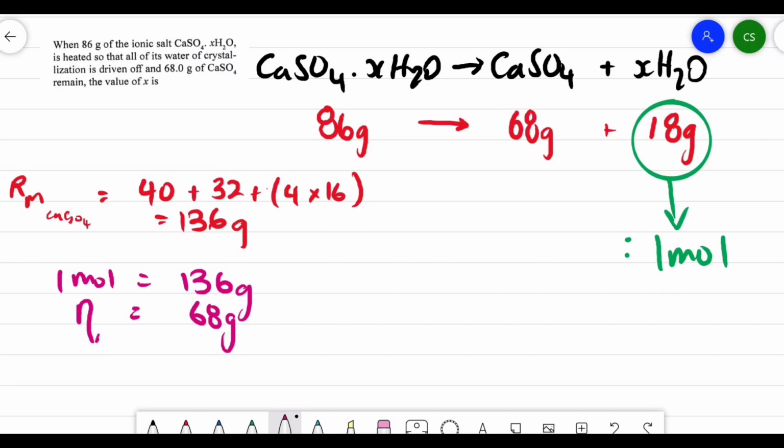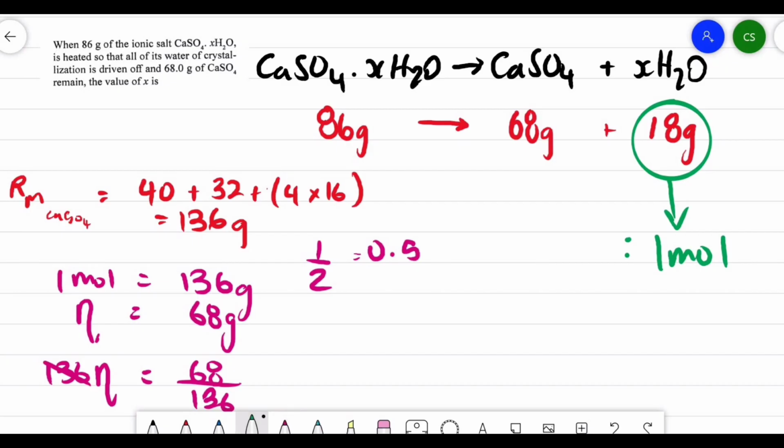Right? You would end up getting 136 times the number of moles you need to find equals 68. So divide by 136 and you should get a half, which is the same as 0.5.